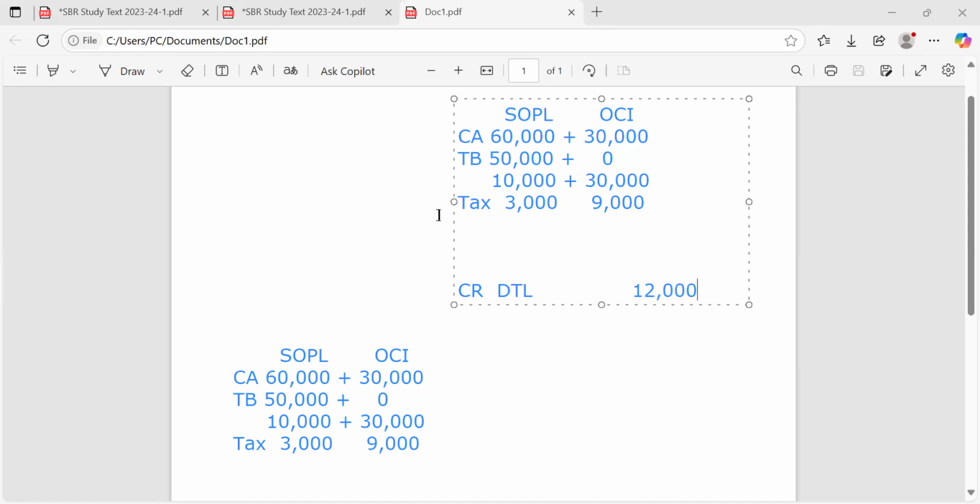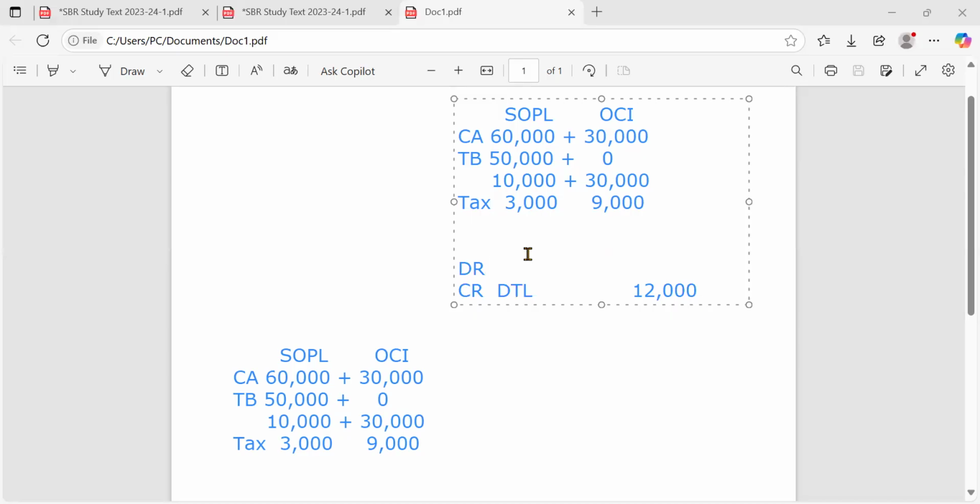Now, this change in deferred tax liability should also be reflected in the income statement. As per the income statement, 3,000 of it would have arisen in the statement of profit or loss.